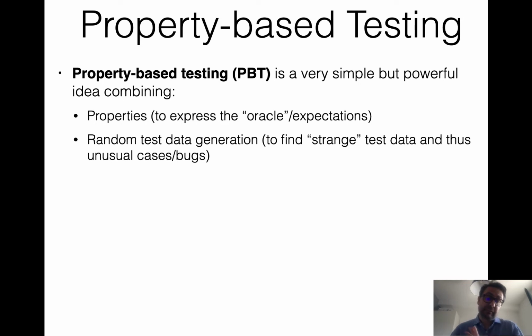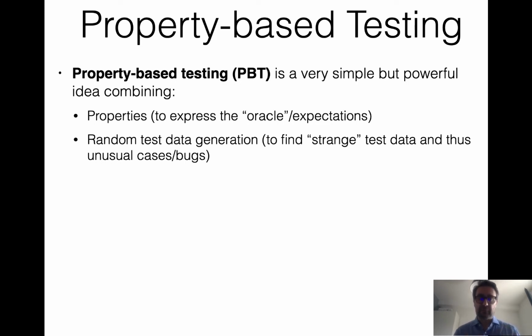But what property-based testing in particular does is randomly generate test data. The good thing with random test data generation is that it's very simple to get going. You don't need an advanced tool. You don't need an advanced test data model.